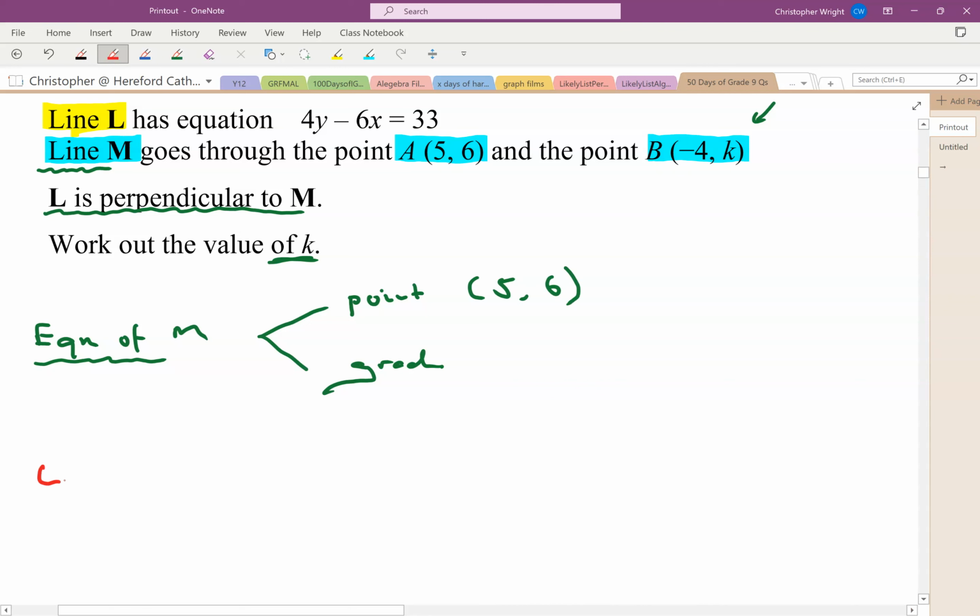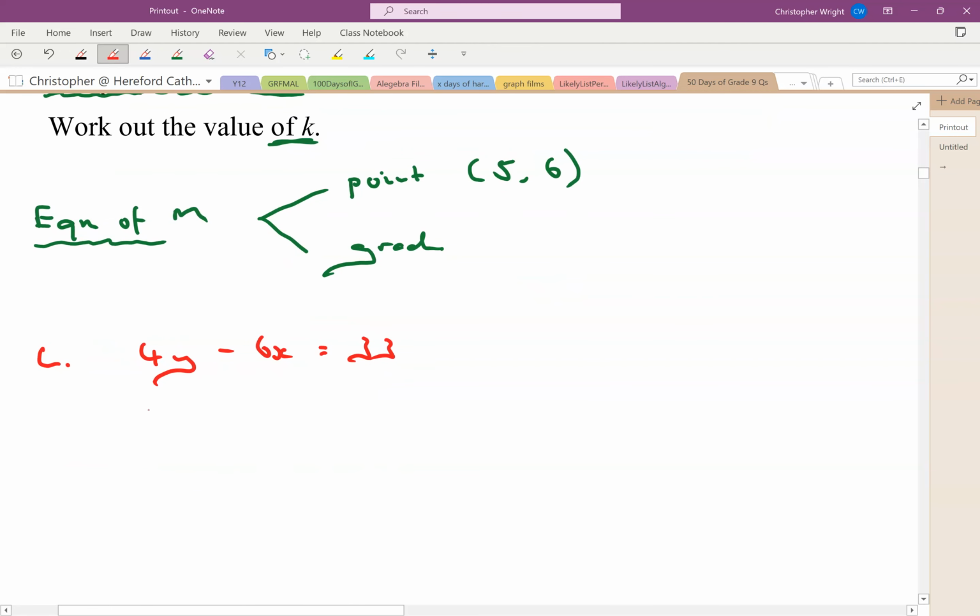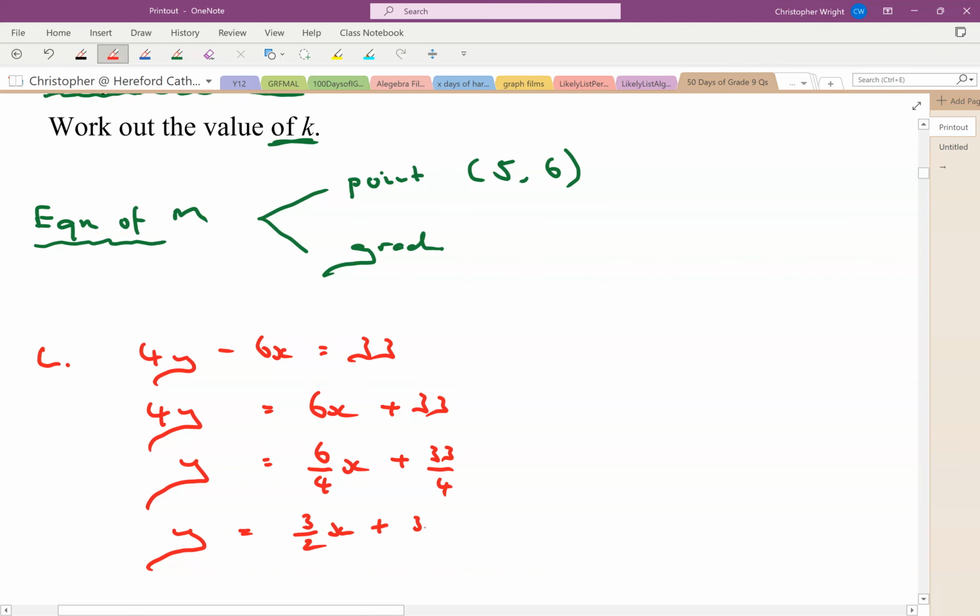Well, I know the equation of L is 4y minus 6x equals 33. So if I rearrange that to make y the subject, then I'll be able to read off what the gradient is, because if y is the subject, then the gradient is simply the coefficient of x. So the gradient here is simply 3 over 2, look.